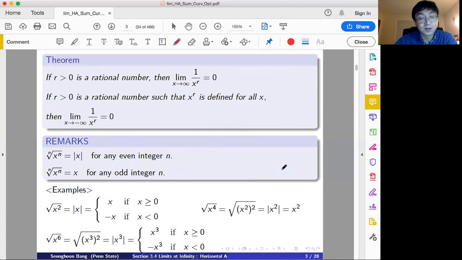If x is greater than or equal to 0, x cubed. If x is less than 0, minus x cubed. The cube root of x cubed is just x, because 3 is an odd integer, exactly x. So we have this result.